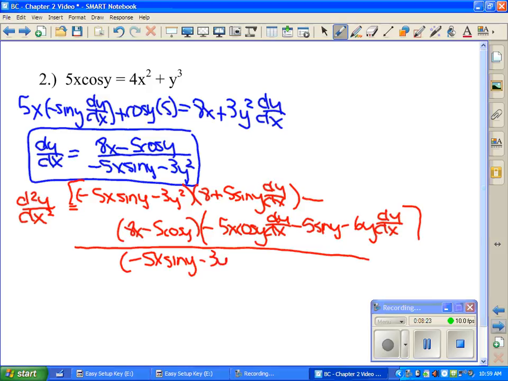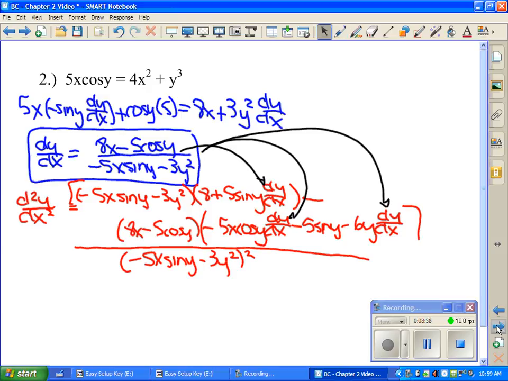But don't forget the very last step with implicit, those dy/dx's can't be there. So in your final answer, make sure you substitute all of those dy/dx's, that thing right there that we found in the beginning. And please don't use arrows, actually put it in. I will try to make the second derivative a little bit easier for you to write out.